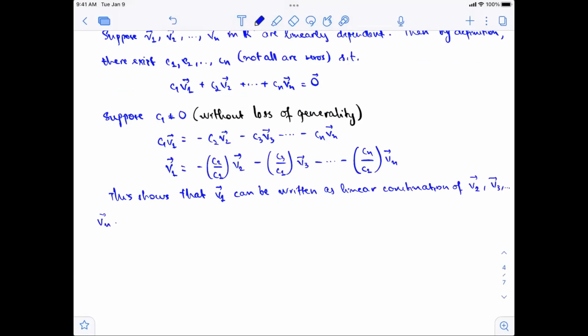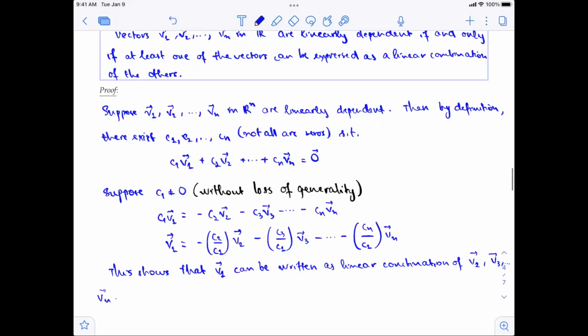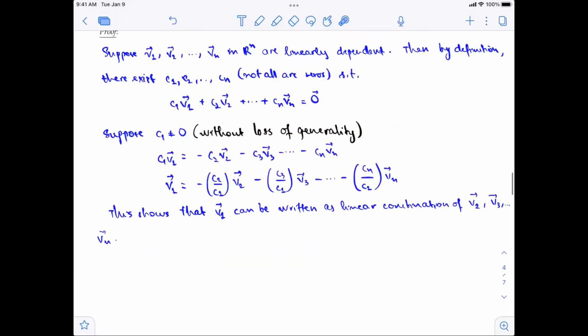Okay. So we just proved the forward statement. We showed that if the n vectors are linearly dependent, then we can write a vector as a linear combination of the others, right?